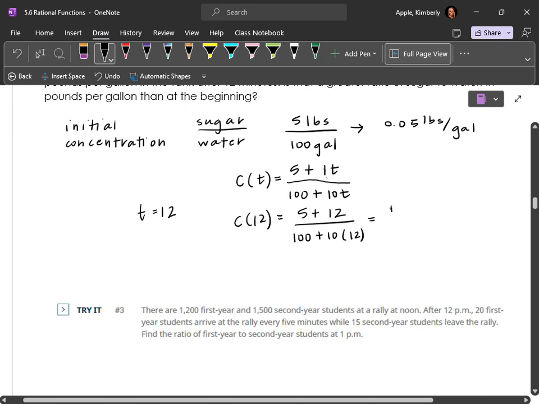And we would obtain 17 over 220, which simplifies to 0.08 pounds per gallon. And we can see that the concentration is in fact greater. So concentration is greater after 12 minutes than it was initially.